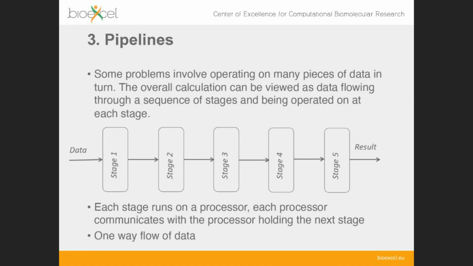The idea is that you've got a number of processors. At each stage there is a processor doing some work. It's doing the same work, it's just constantly getting fed new data, and the data being worked on goes through a pipeline of successive stages.